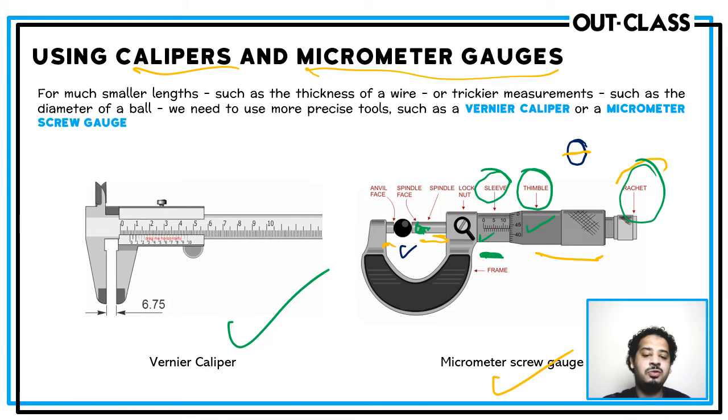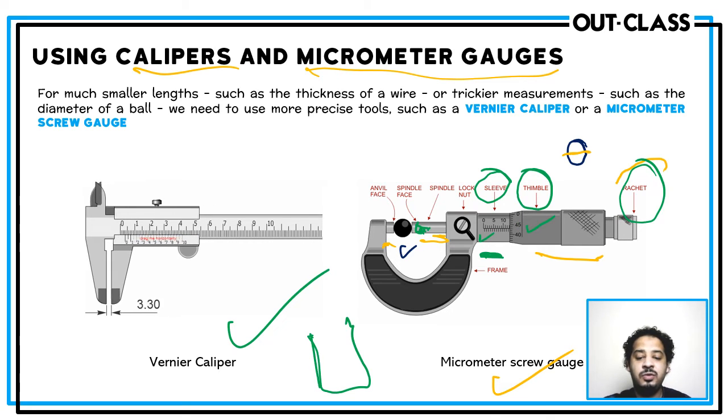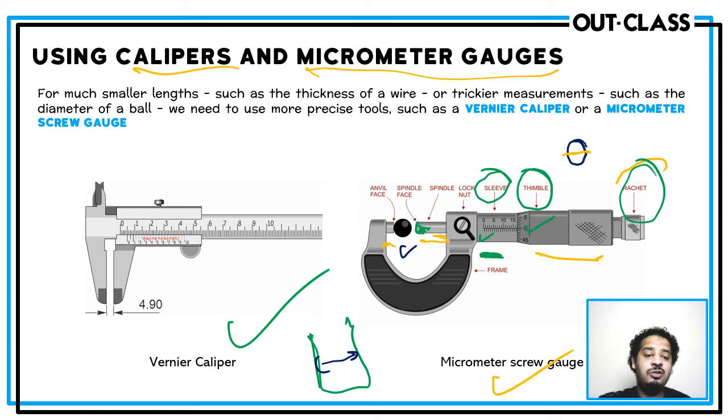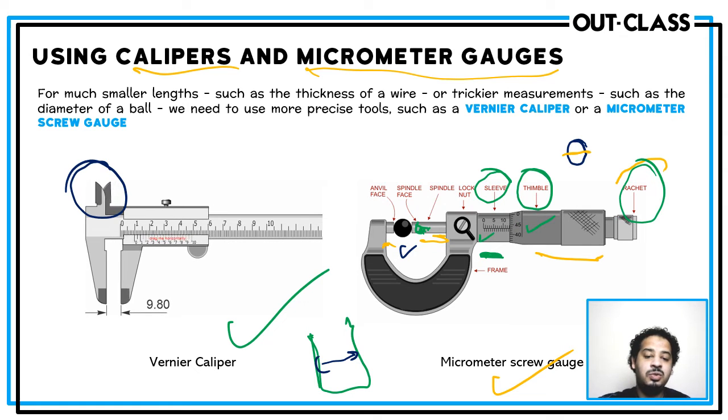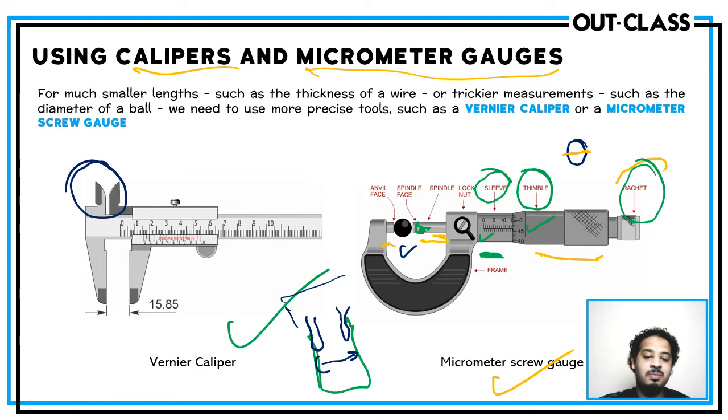For example, suppose you have like a beaker. So then what you would do with this vernier caliper is, suppose you wanted to measure the internal diameter of this beaker. Then ये जो आपको नजर आ रहे हैं, what you would do is you would put one over here and one over here, और इसके ऊपर फिर आपके पास आएगा पूरा जो दूसरा कैलिपर का सेटअप है.